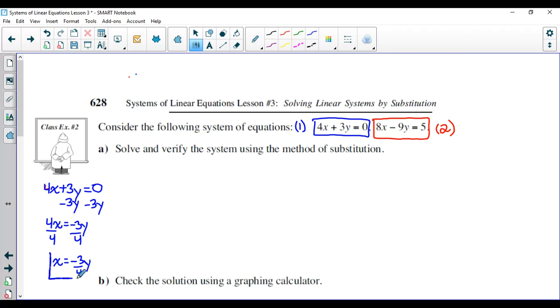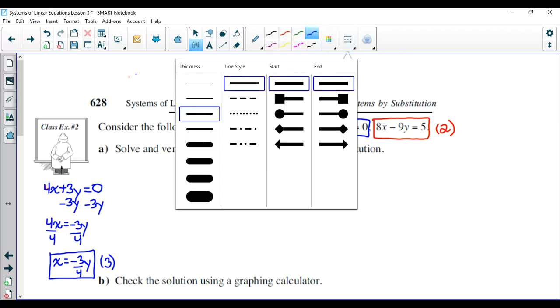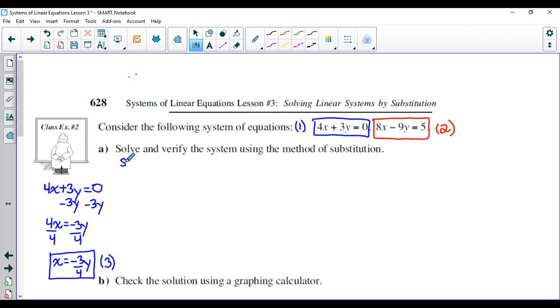I'm going to box that equation and call this equation number 3. Now, after you've isolated this, you're going to take this equation and sub it into the other one. So I'm going to sub equation 3 into equation number 2.